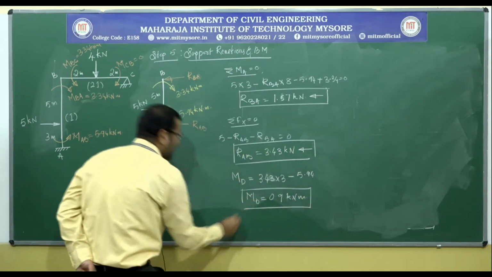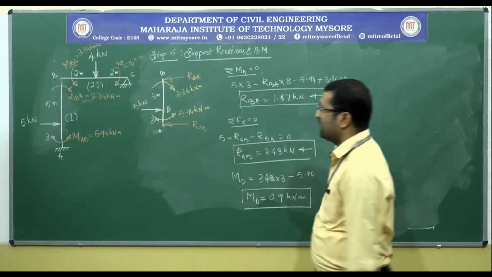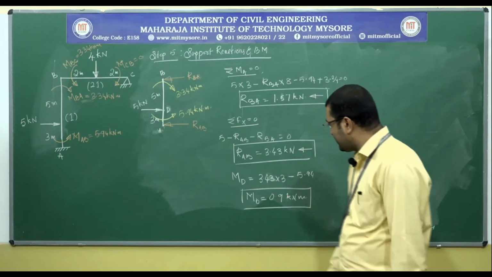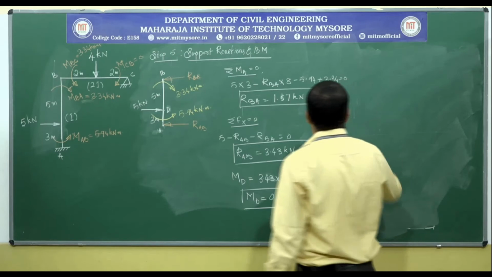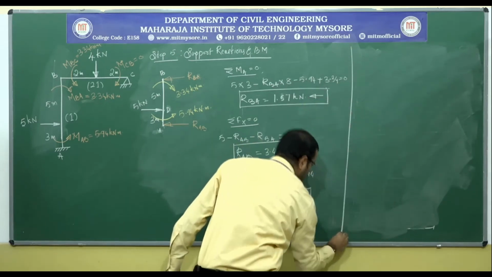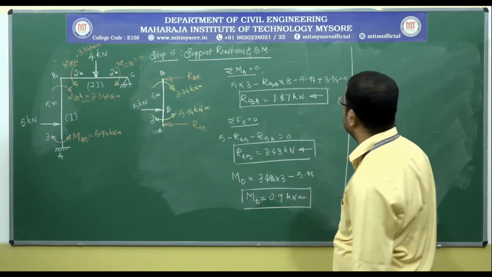So the positive bending moment under the concentrated load is just 0.9 kilonewton meter. Right.